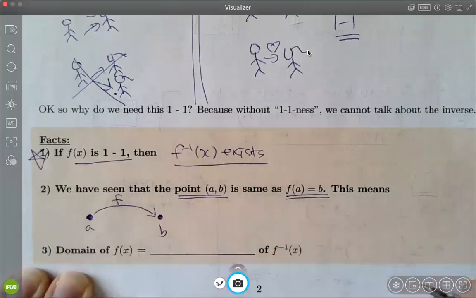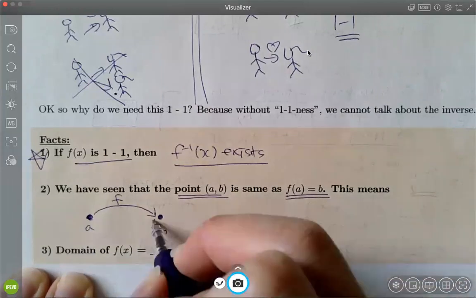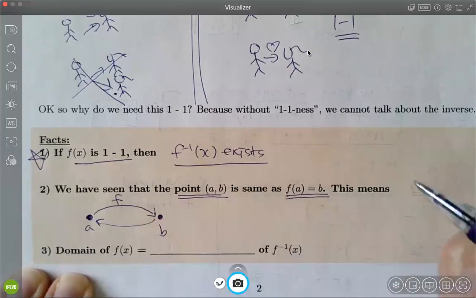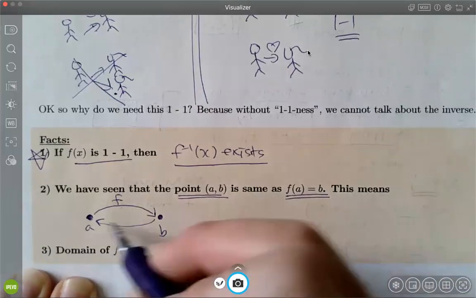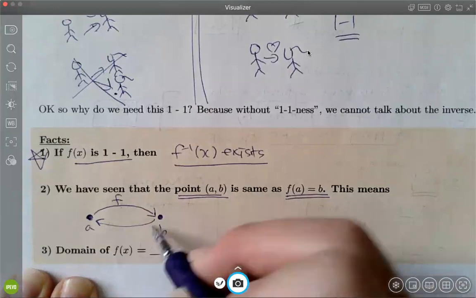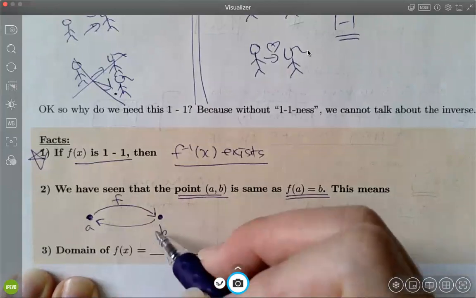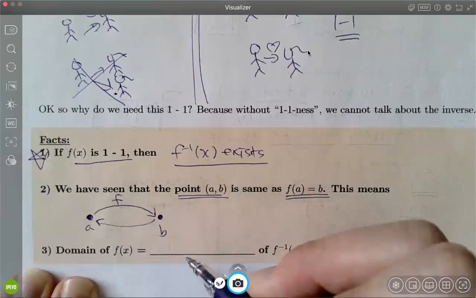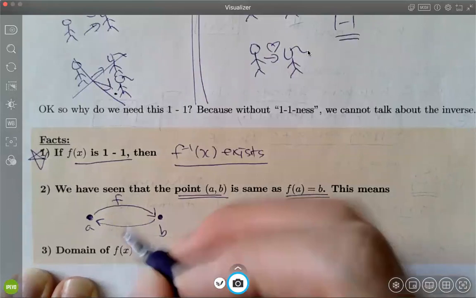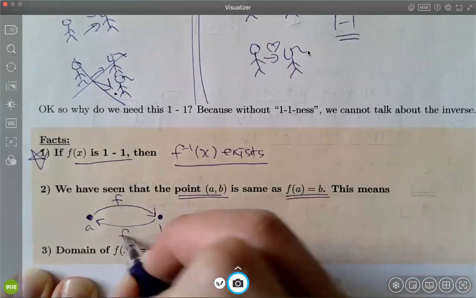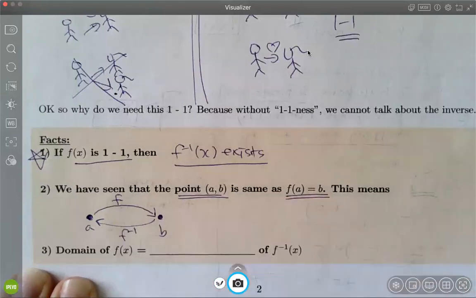Now, can we come back to a from b? The answer is yes. But we cannot take the same bus because this f bus only takes you from a to b. If you want to come back from b to a, you have to take a different bus, and the name of this bus is f inverse, because we are coming back to a.